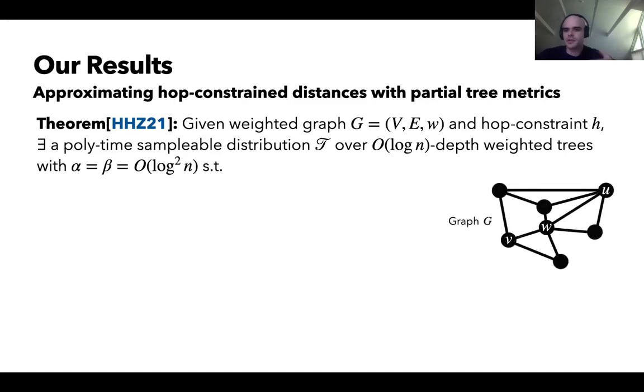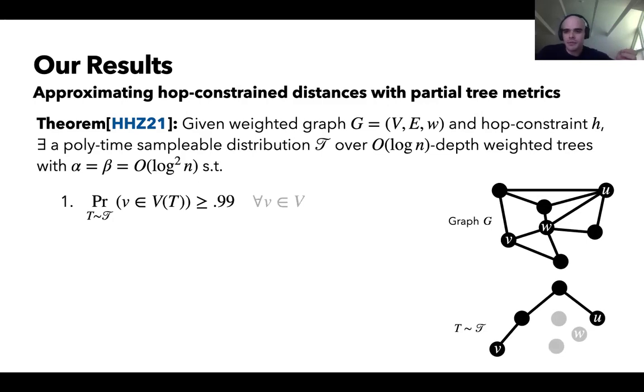So the general picture is you have some graph, and you have some distribution over trees that you're able to sample from. These won't be trees on all of the vertices of the graph, but any one vertex will have a very good probability of showing up in this tree. So imagine that any one vertex shows up in the tree with probability 99%. And this is just some arbitrary constant. You can make it as large as you like.